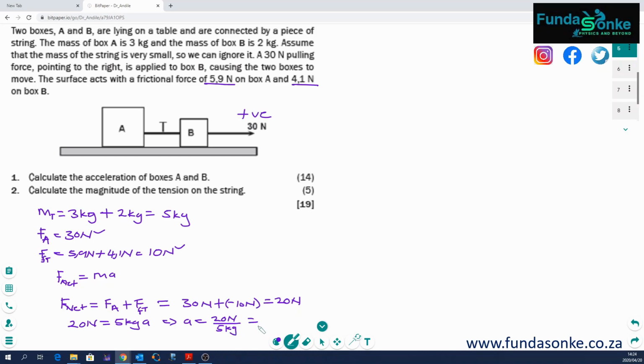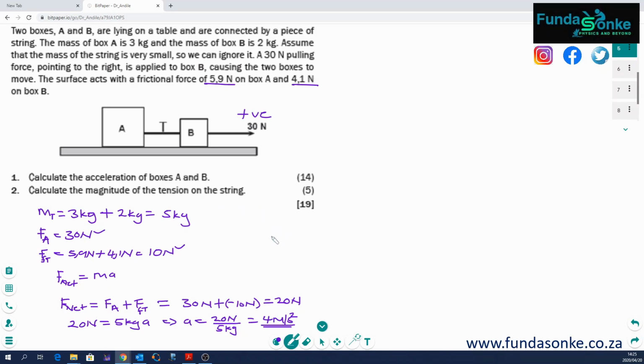Therefore, our acceleration is equal to 4 meters per second squared. Okay, so there we have answered the first part.